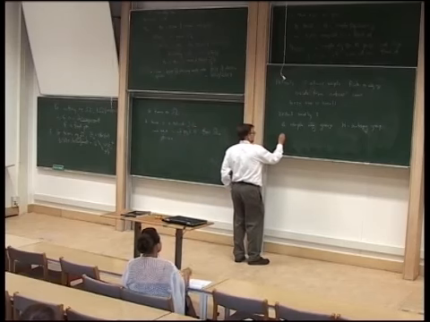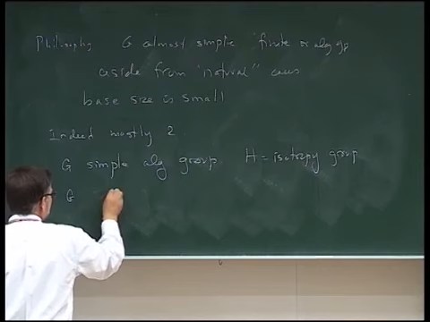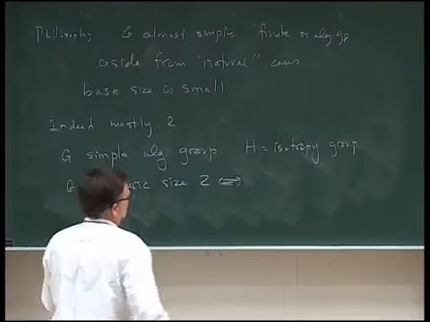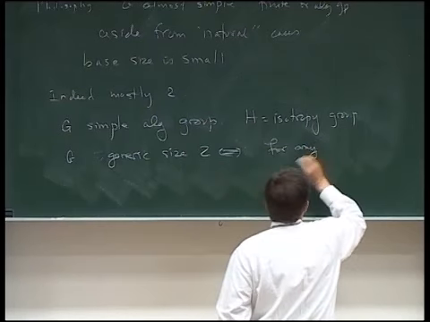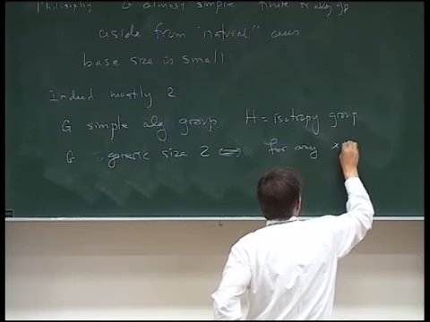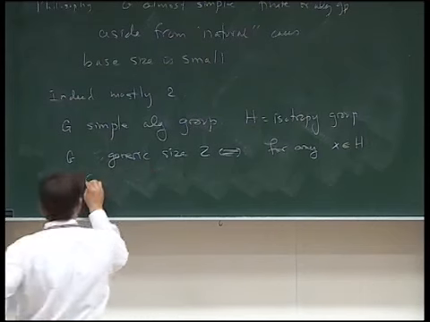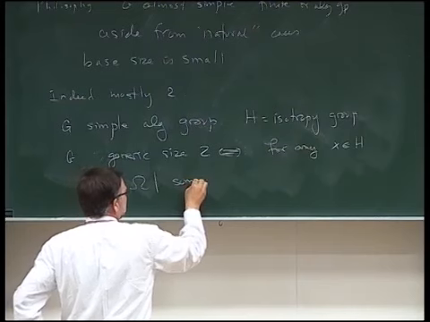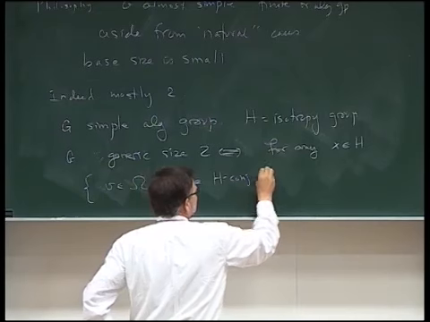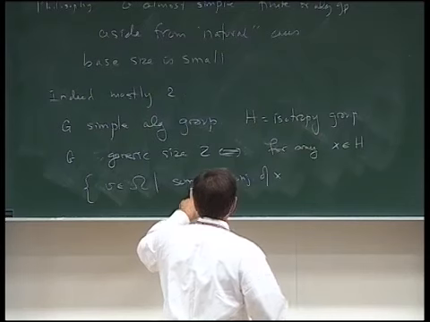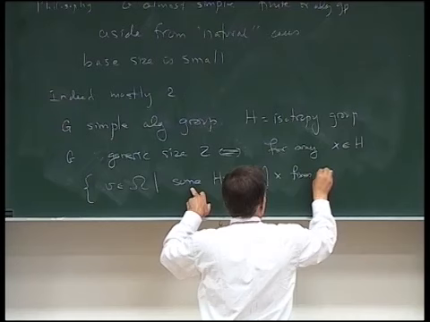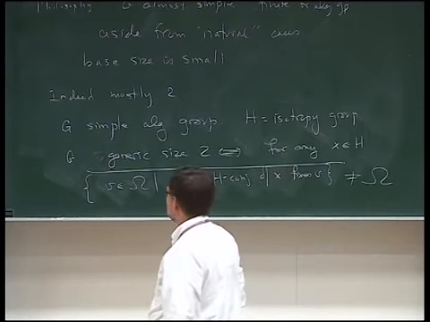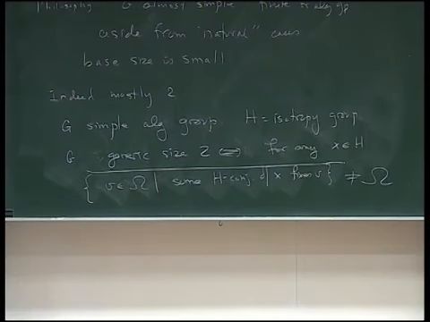The point is, G has generic base size 2 if and only if for any x in H, if you look at the set of v in omega such that some H-conjugate of x fixes v, so in fact, one just has to check for a single conjugacy class.